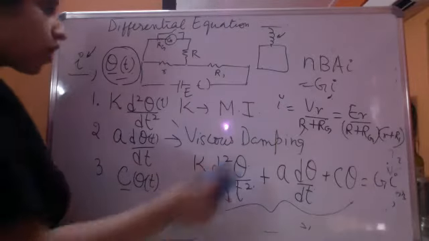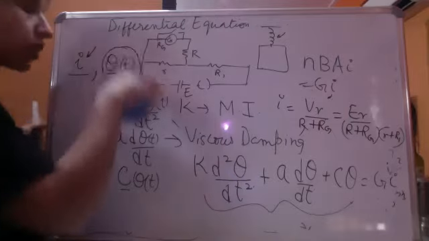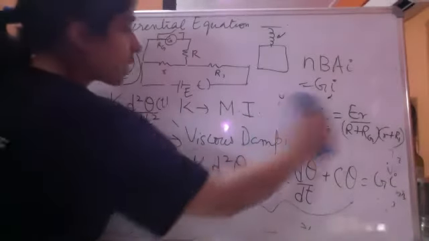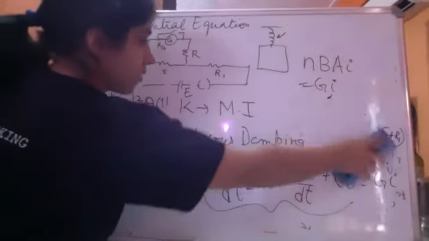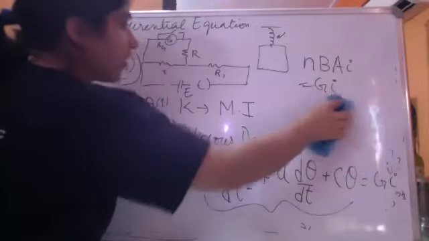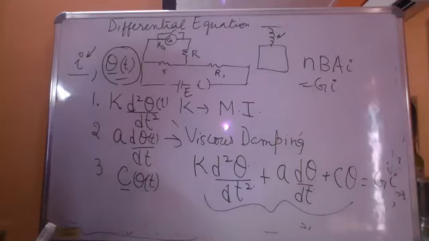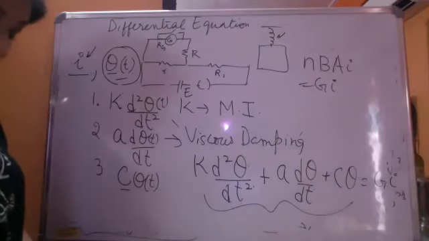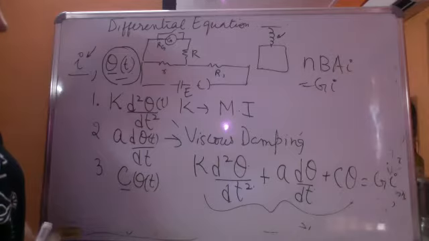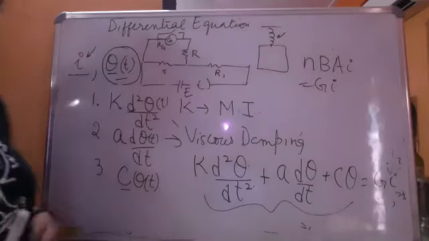Why? Because now the construction of the galvanometer comes into play, and it is very important to think of the construction of your galvanometer. So what all goes into the right hand side I in the circuit?